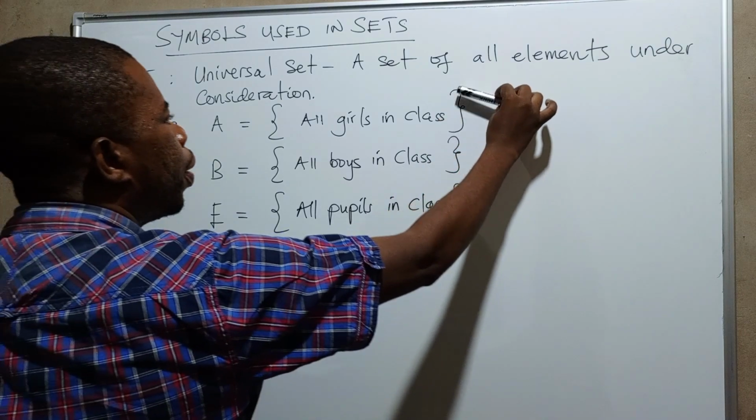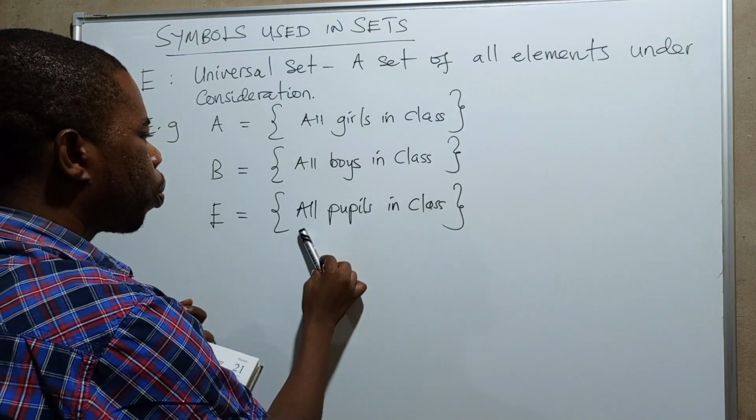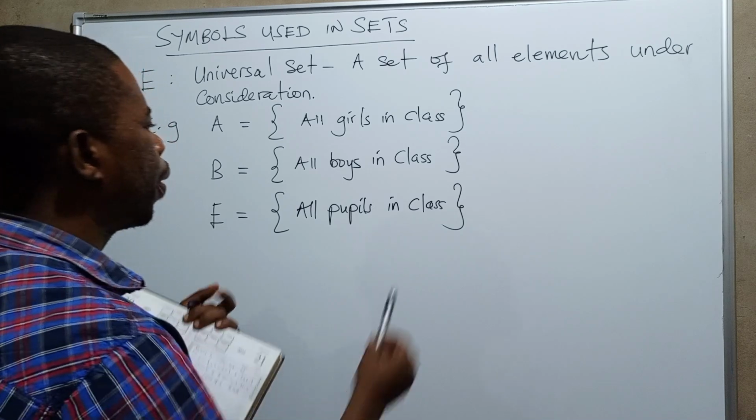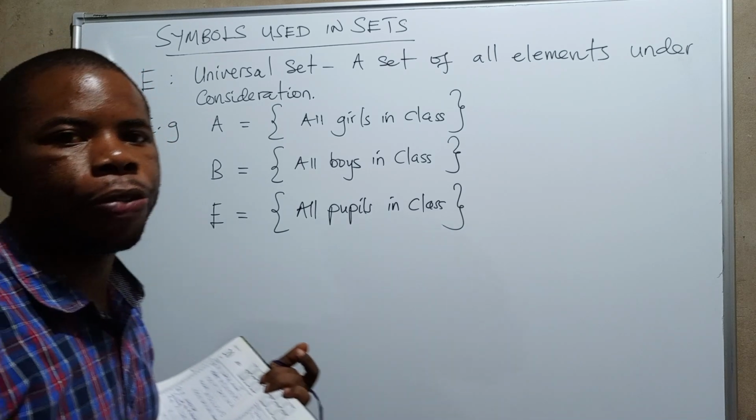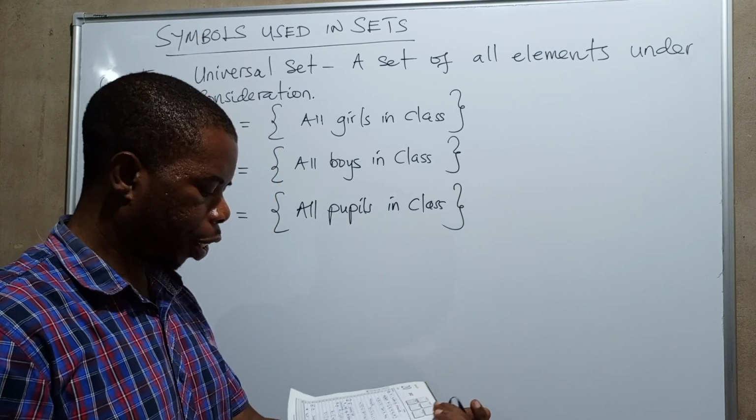If we combine these, it becomes all pupils in class, and that now becomes the universal set.